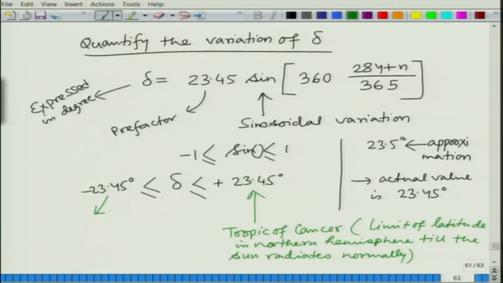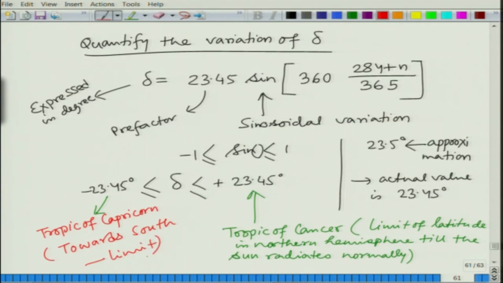So, that is the upper limit, and the opposite thing is the Tropic of Capricorn. And that is exactly towards south. That is the limit the sun can radiate normally, and beyond that the sun cannot radiate normally. So, that is the variation or the limits of the declination angle.